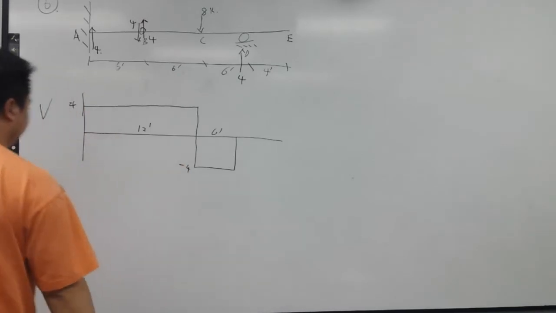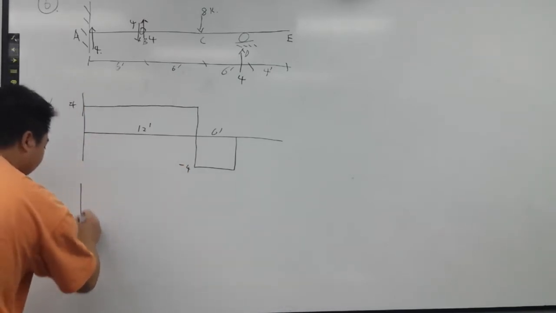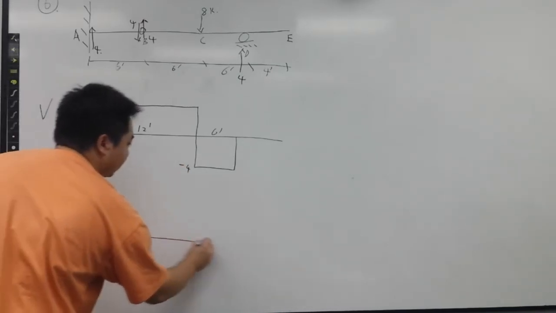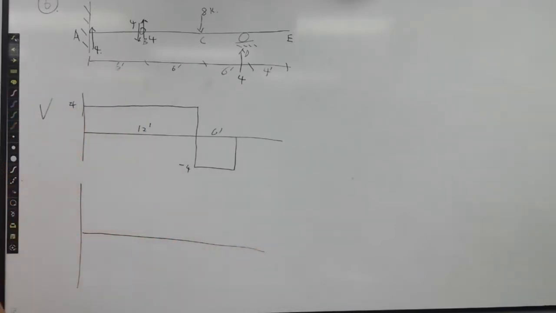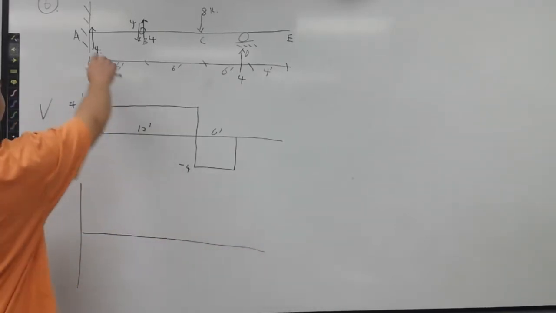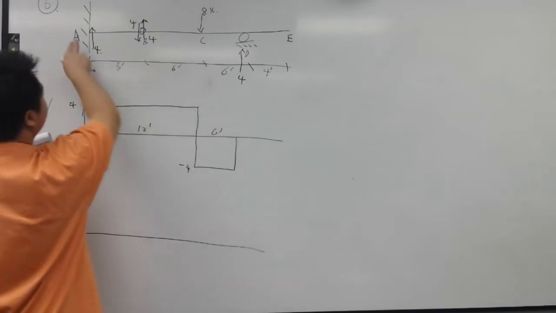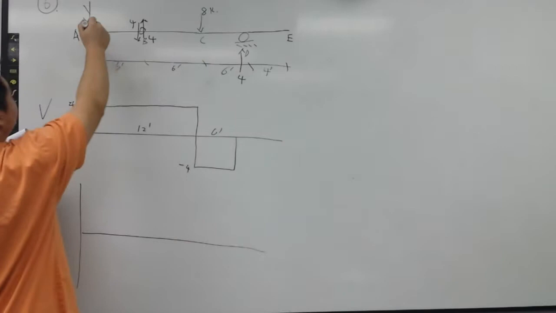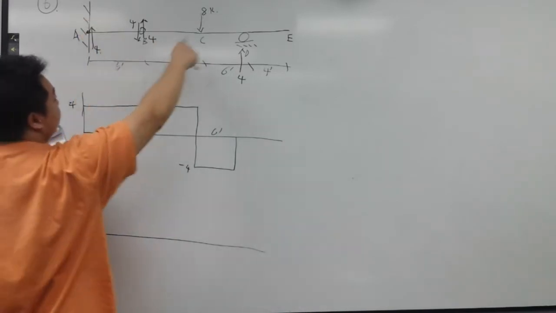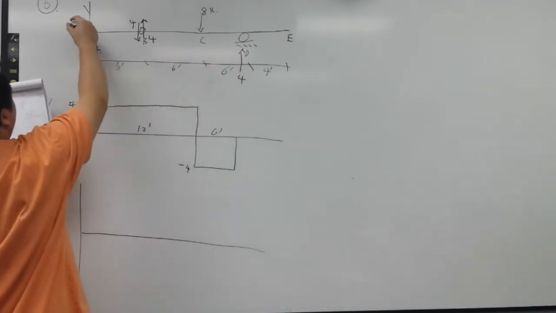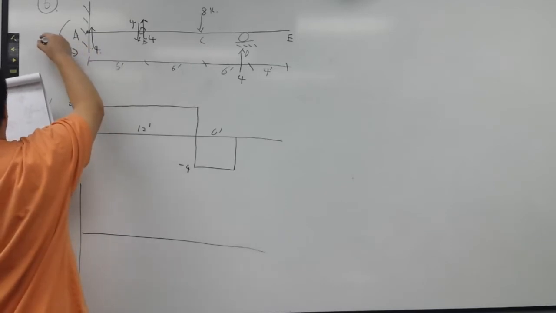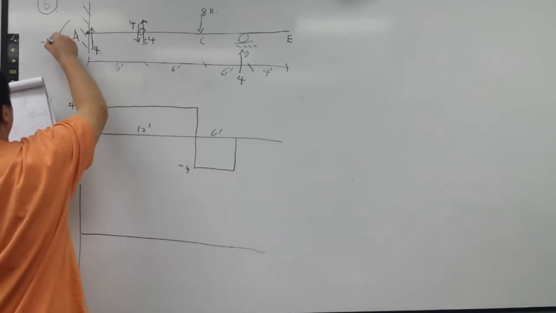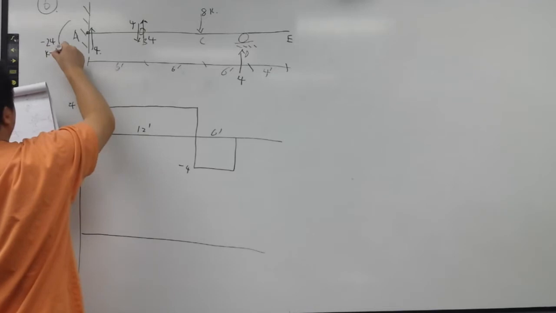So moment diagram. Oh, we have to find a moment at that point. For moment at this point, since we know all the reactions already, we just take a moment at this point. You do the math, you're going to get moment is equal to negative 24 kip per feet.